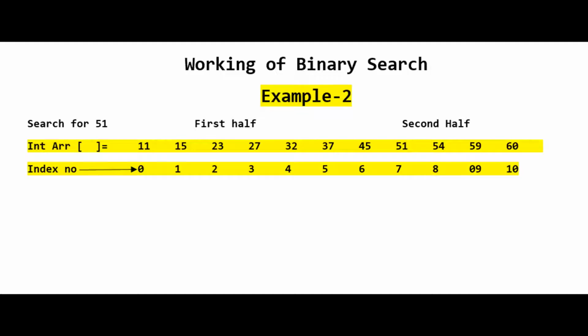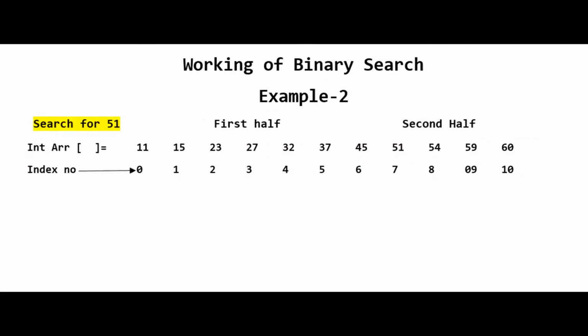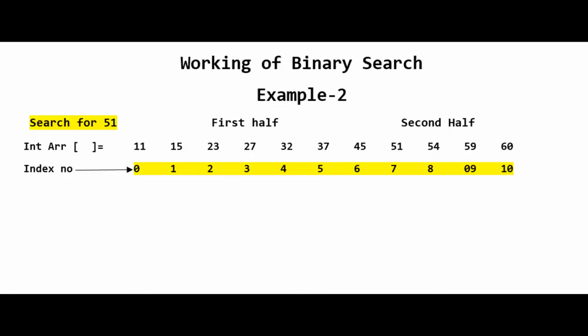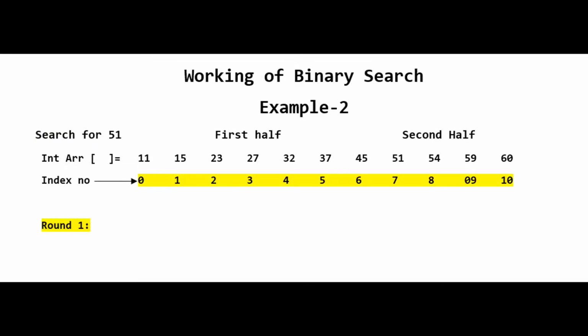So now let us take one more example. I have a new array here, after removing the last element of the previous array, and let us search for element 51. I have the index numbers from 0 to 10. At round 1, the first index number will be 0 and the last index number will be 10.